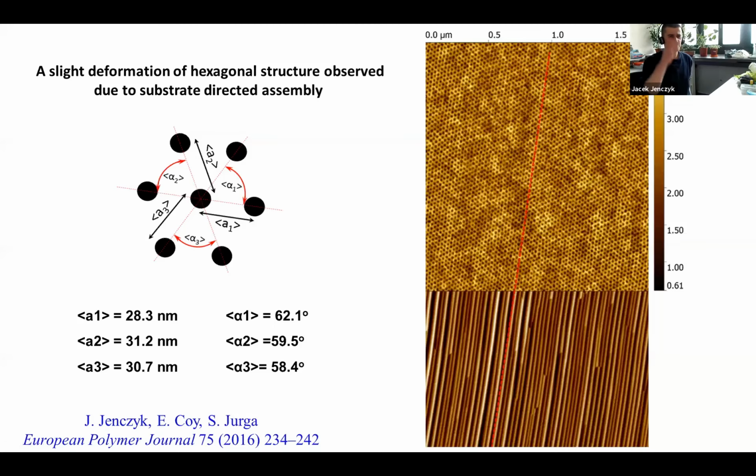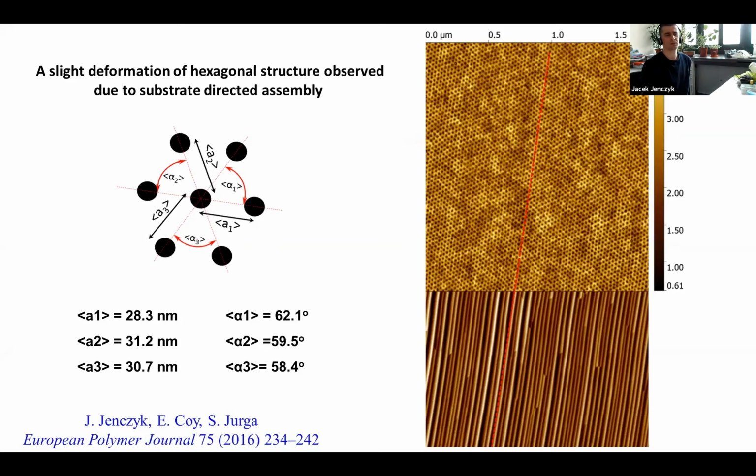And maybe let me just add one thing, that using this structured substrate, we slightly distort this hexagonal arrangement. It's not exactly hexagonally oriented. These cylinders are not exactly hexagonally oriented in space.